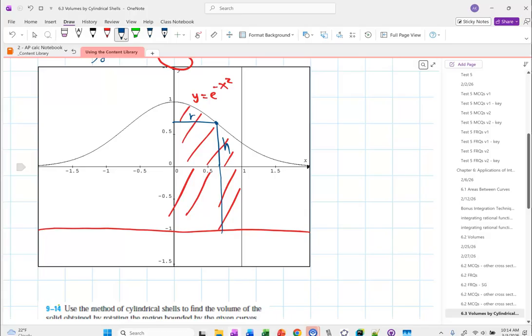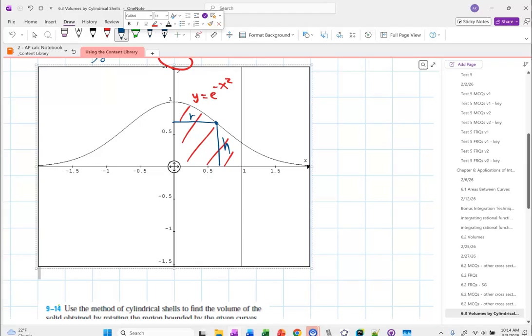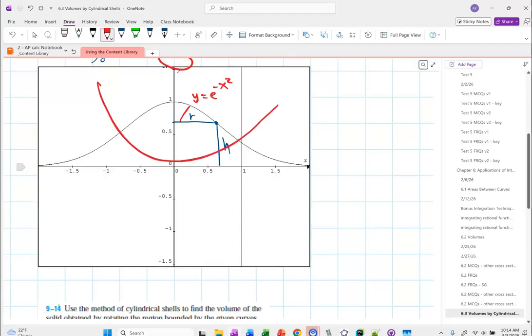Again, I didn't give you this, and I don't think the textbook has anything like this. But the other place it could happen is if you had some second function coming through and your shaded region is now the bound between the two.